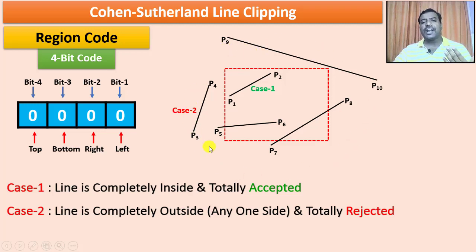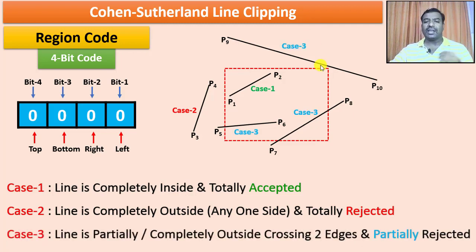That is, both points of that line should be towards left, or towards right, towards bottom, or towards top, to say the line is out. But look at this line: one point is at the top, and the other point is at the right. Here we are not clearly able to say this line should be totally rejected. That is what case 2 is: the line is completely outside on any one side, and totally rejected. Hence I am not going to call this case 2.